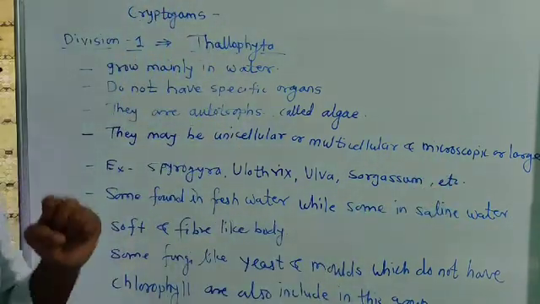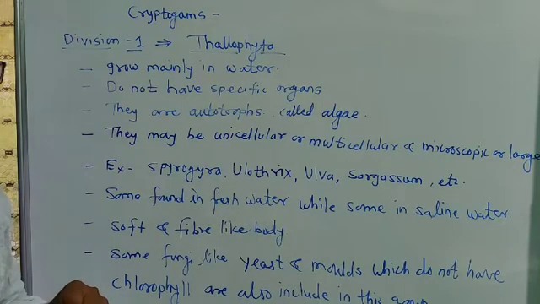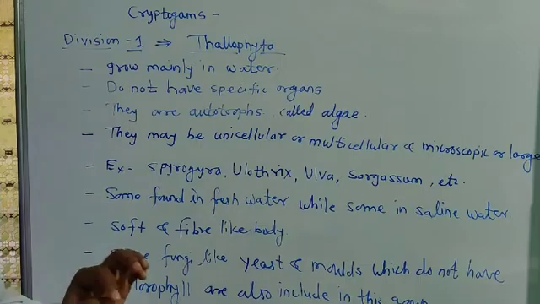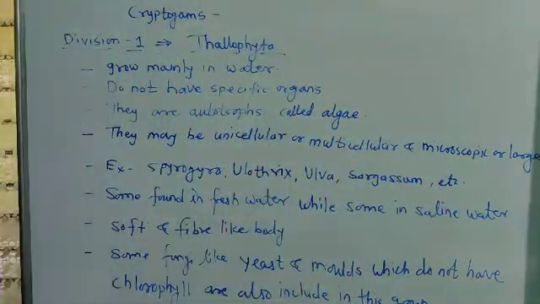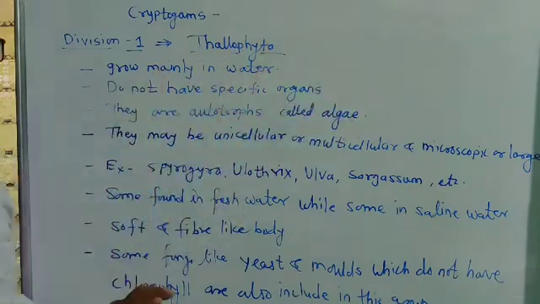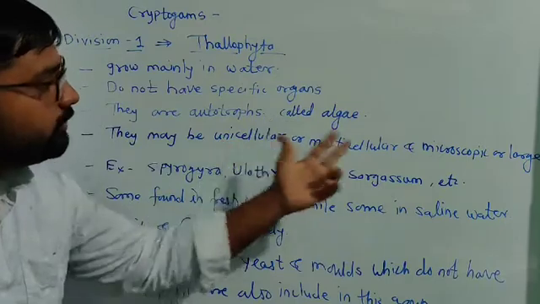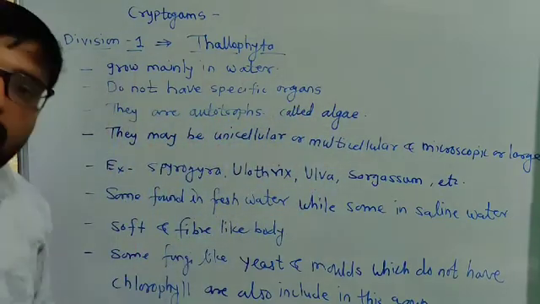Some are microscopic. Microscopic means very small, not visible to our naked eyes, so to observe them we have to use a microscope. Some are large. They may be unicellular or multicellular, and microscopic or large.